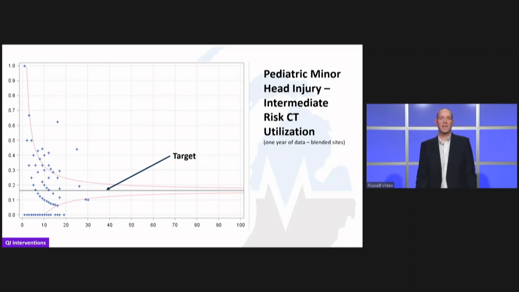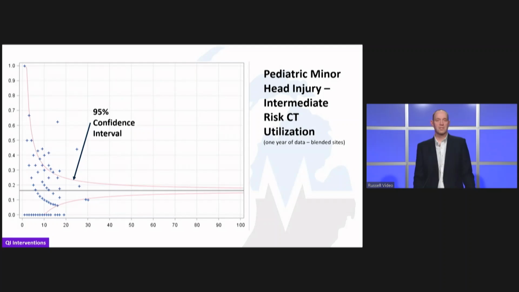The gray horizontal line here is going to be your target. In this example, I'm showing you the pediatric minor head injury intermediate risk CT utilization. The target for us here is less than 18%. So we put a line at 18%, and then using a normal distribution, we can add in a 95% confidence interval to say, okay, we know that if you see 2 patients, you can get a 0, a 50, or 100.